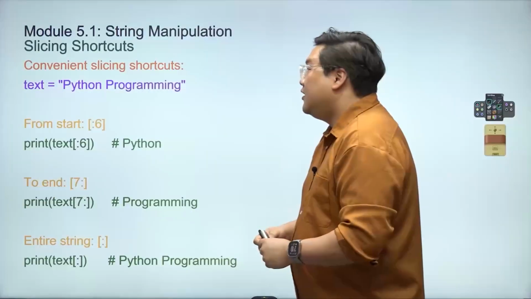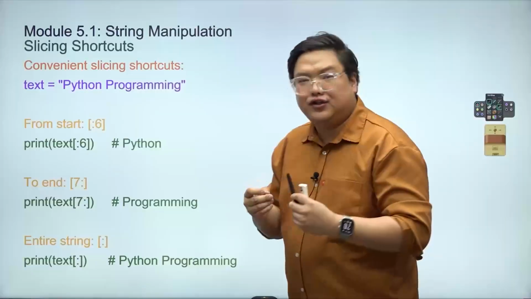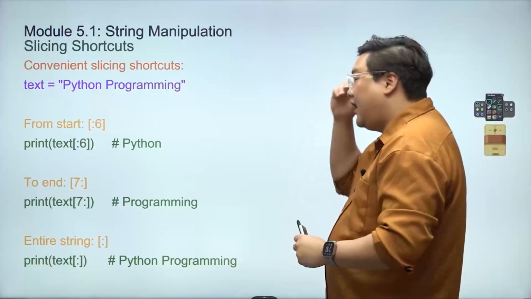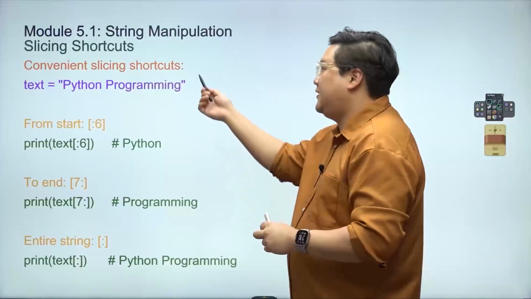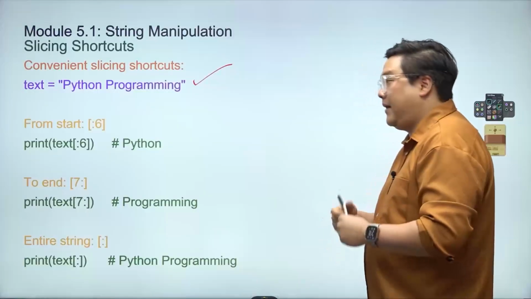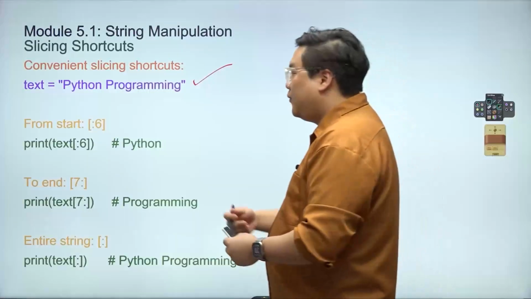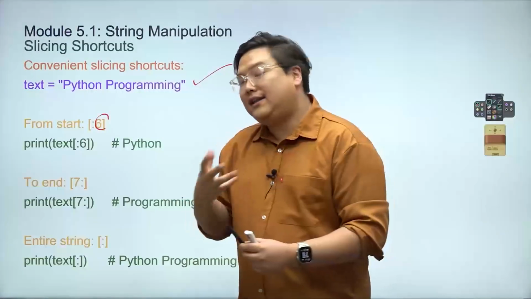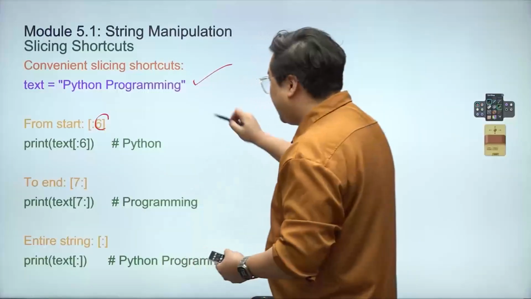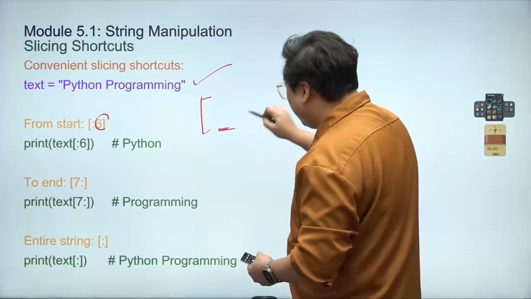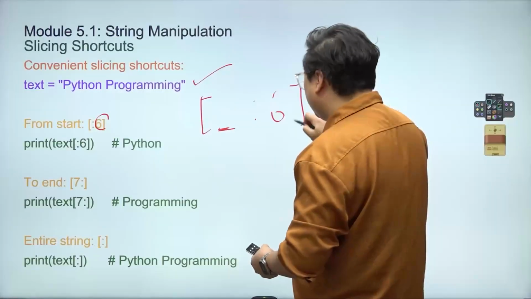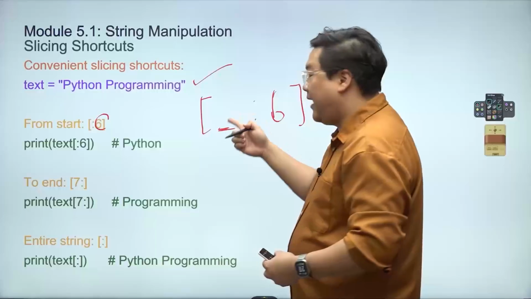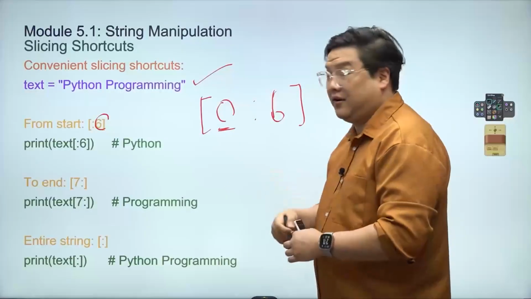All right, so there are some shortcuts in doing this, though. Okay, so here are some convenient ones. So let's say if we have a text called Python programming, so we can designate the end index only. And what that automatically does is, because this part is empty, Python will automatically recognize this as 0, the start.